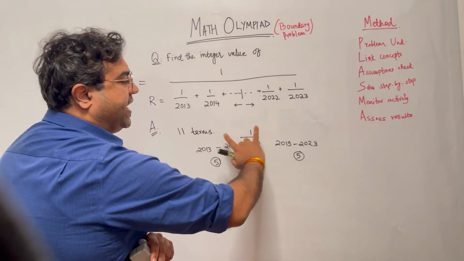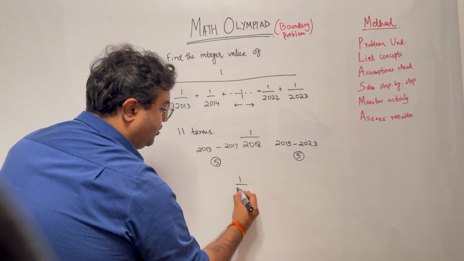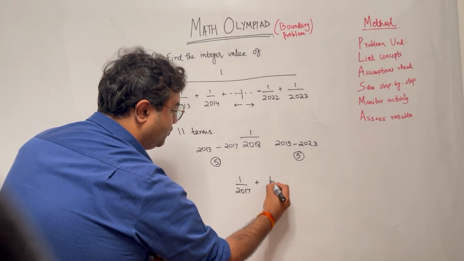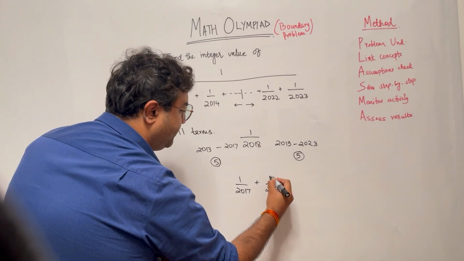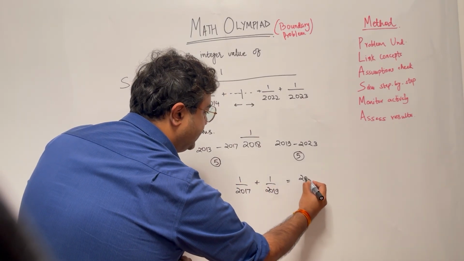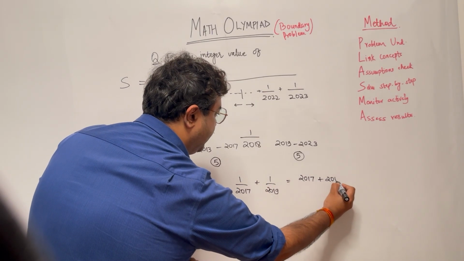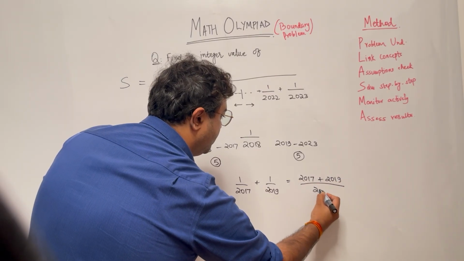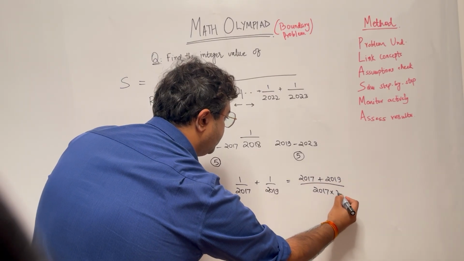In the numerator, they will be added, right? 1 upon 2017 plus 1 upon 2019. The numerator will become 2017 plus 2019 divided by 2017 times 2019.